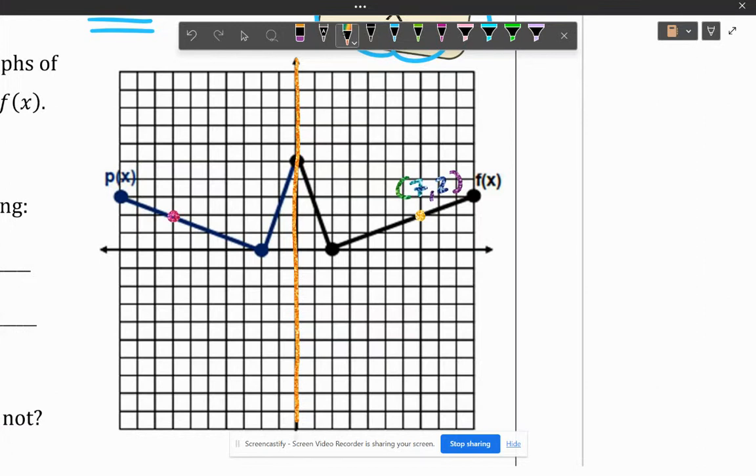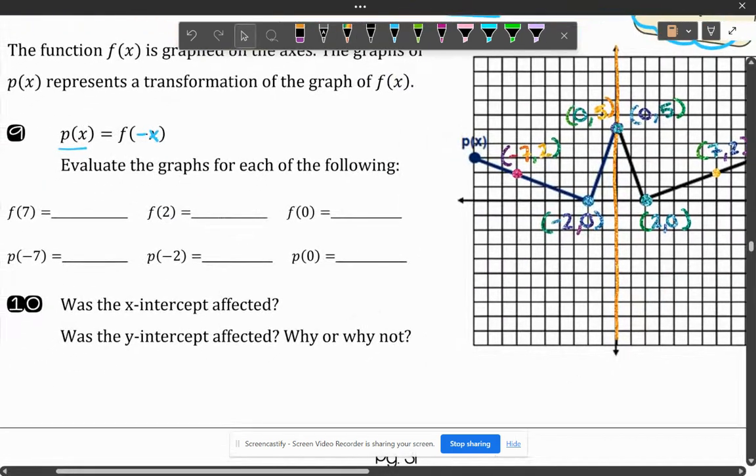Well, notice that p of negative 7 is also 2. F of 2 is still 0, and p of negative 2 is 0. The last one we want to look at is f of 0, which is 5, and p of 0 is also 5 because it's still on that y-axis there.